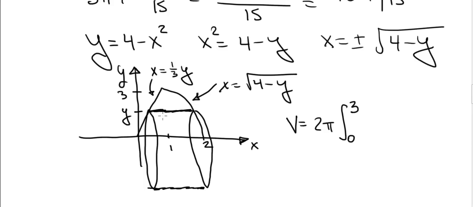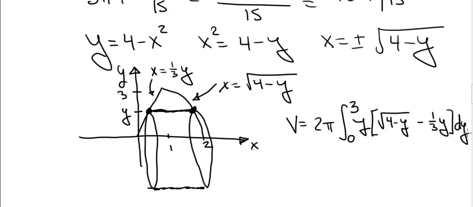The radius is y because we're rotating about the x-axis, and the height is the difference between this point and this point. So it is the square root of 4 minus y, minus 1/3 y, dy.